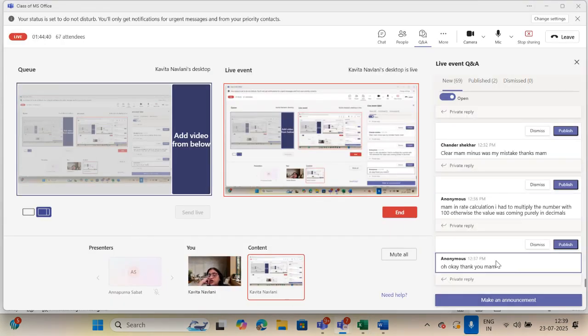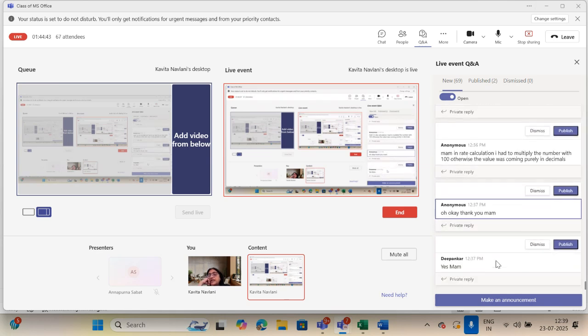You already learned in your accounts subject that there is a chapter, capital budgeting. What is the discounting factor?